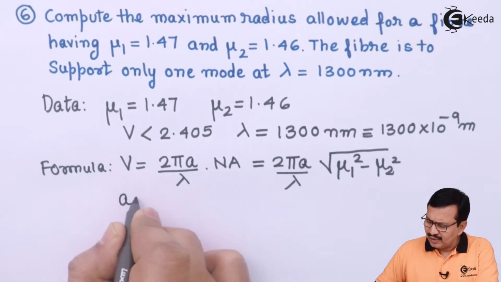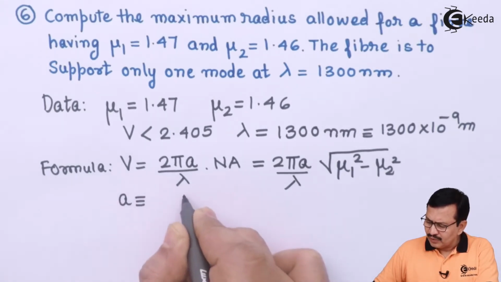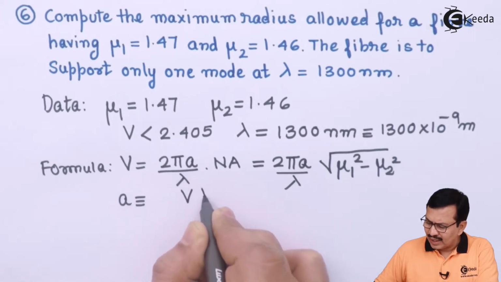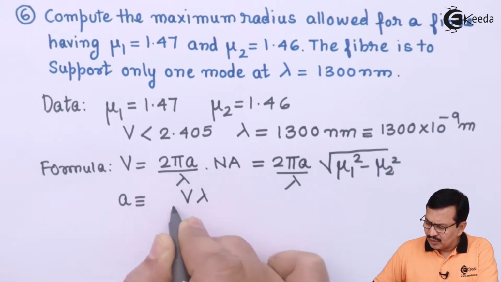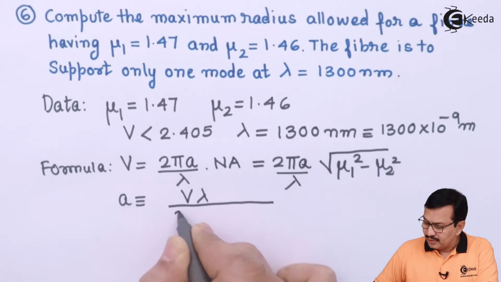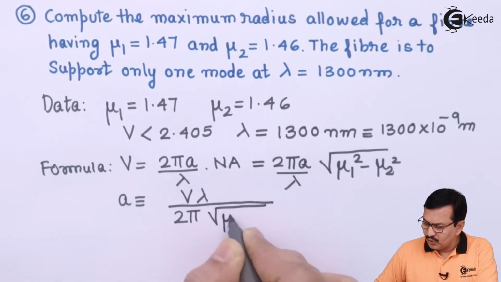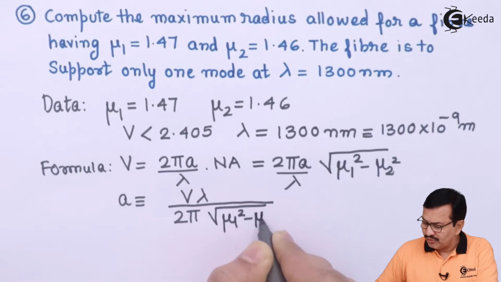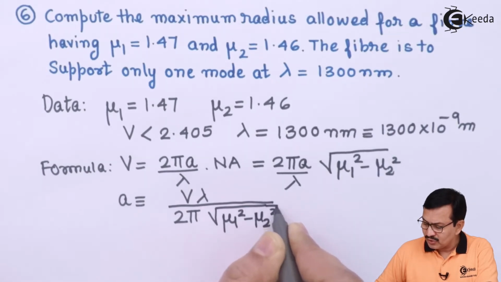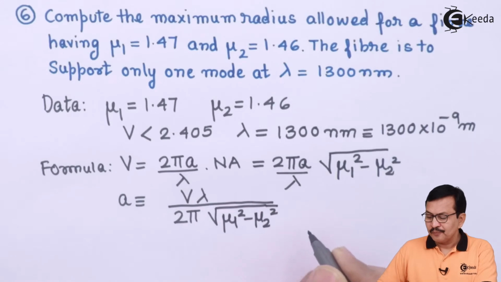A is equal to V into lambda divided by 2 pi into square root of mu1 square minus mu2 square.